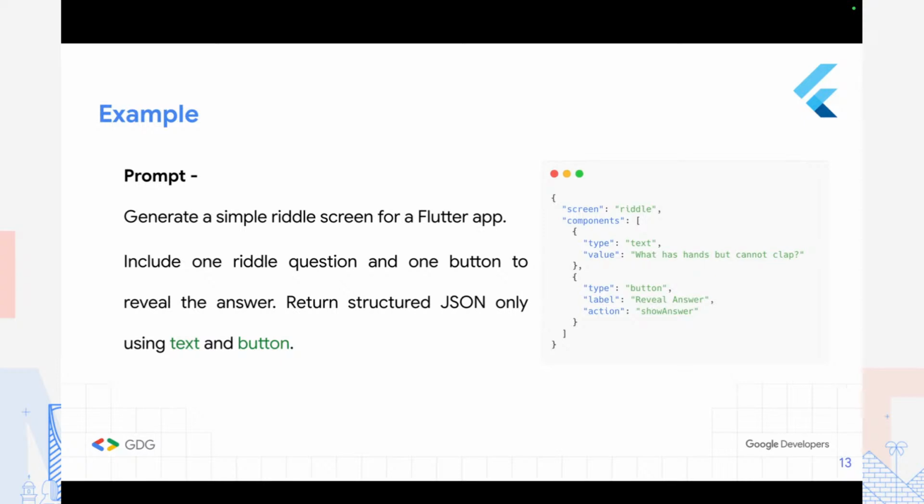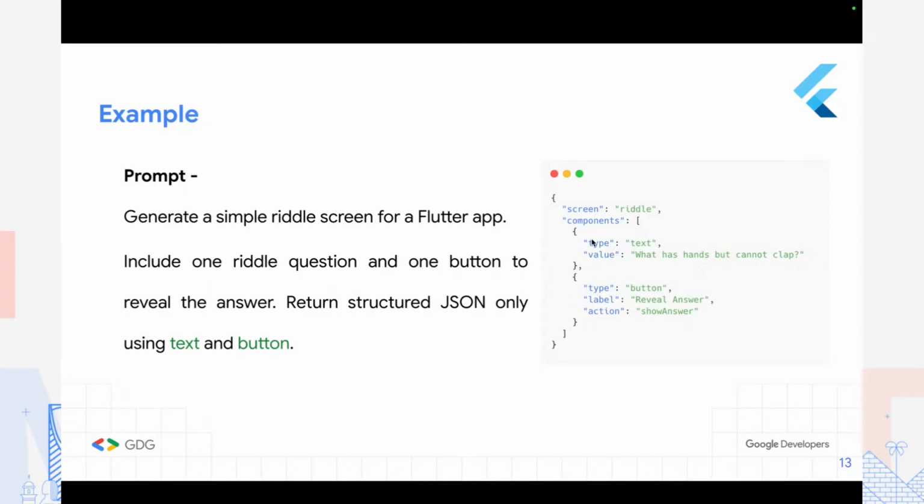I'm saying create a simple riddle screen, so it is going to make a title. One component is going to be called screen with the value riddle, because that is what I have asked. And it is then going to add a component which is going to have type and value, one which is going to be the question, and one which is going to be the answer. So components here is a list of question and then answer.